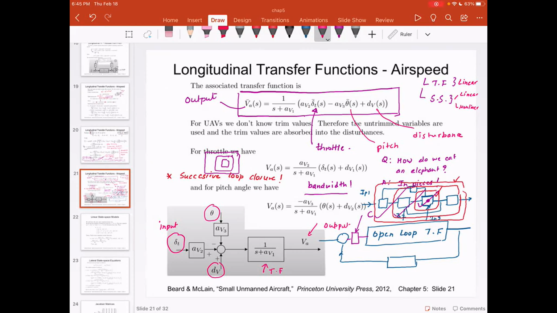Next part of this lesson is talking about the space dynamics. But before I start discussing that, are there any questions on the transfer functions? So at the end of the transfer functions, we got all these blocks connected with each other.